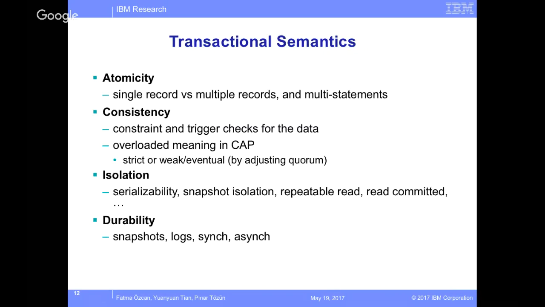And the other option is, especially when you have an in-memory database, or now we have really, really large memories, your log is in memory, how do you flush the log to disk to make it durable? Do you do it synchronously or asynchronously? And some systems will give you an option to trade for latency.